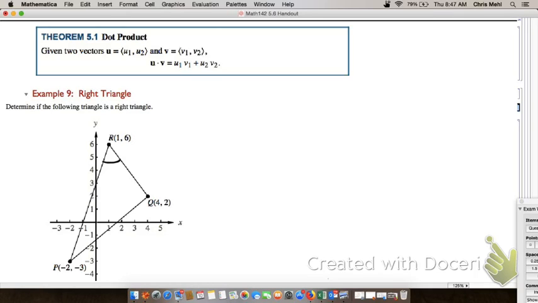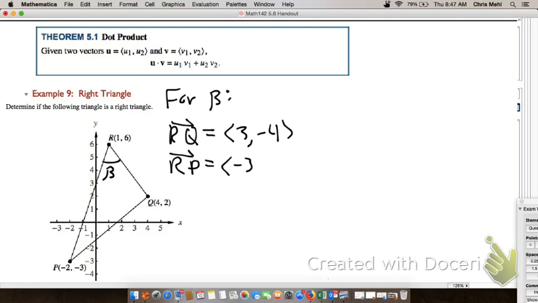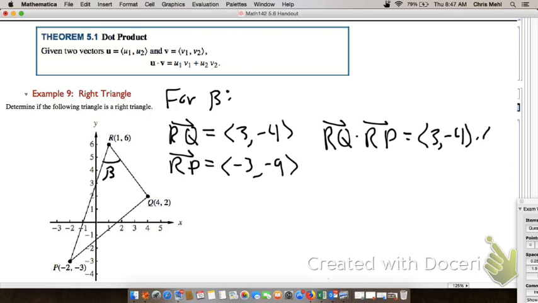looking at this angle beta, and we wanted to determine if it was 90 degrees. So we looked at the vector RQ, and that had components 3, minus 4, and we looked at RP, which had components -3, -9. And if you take the dot product, RQ dotted with RP, that's the vector positive 3, negative 4, dotted with negative 3, negative 9.